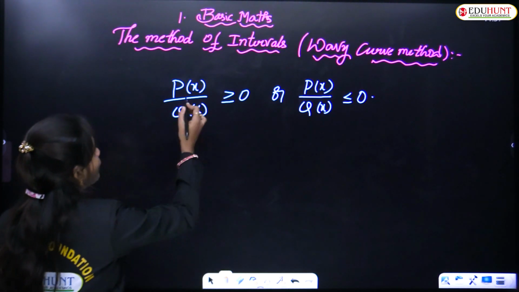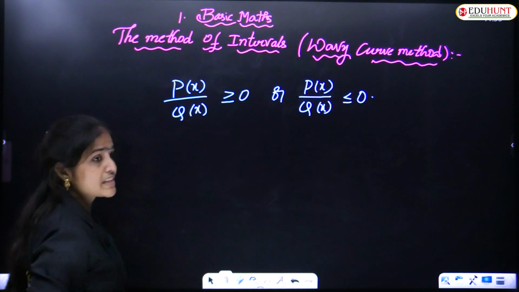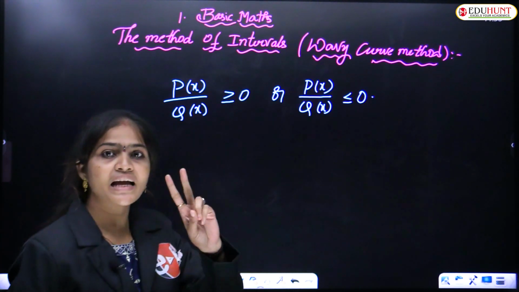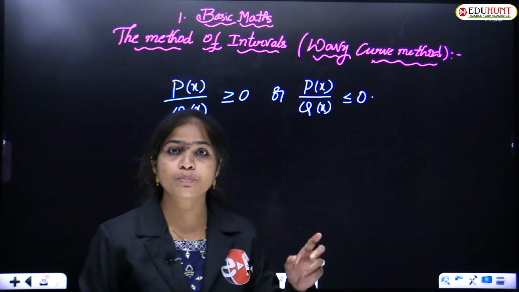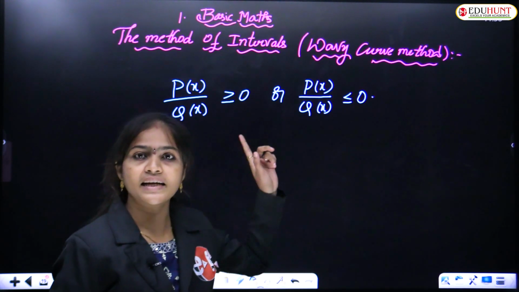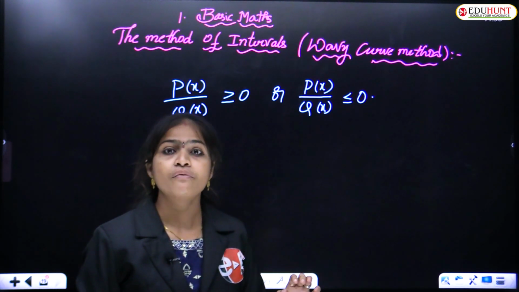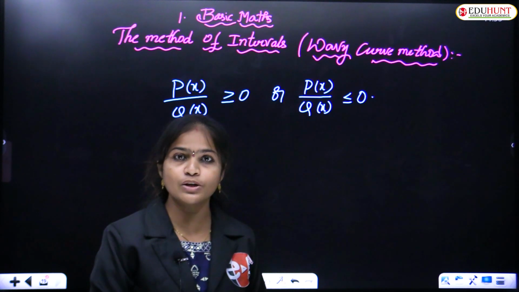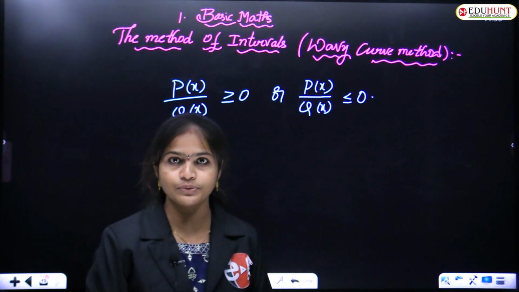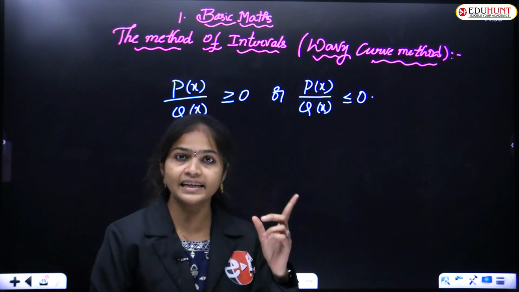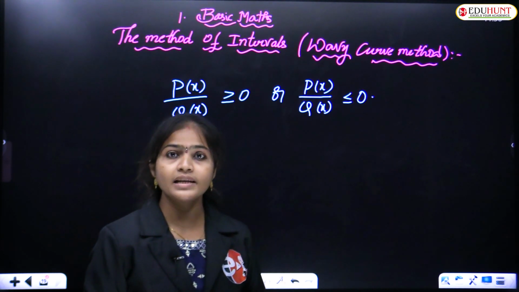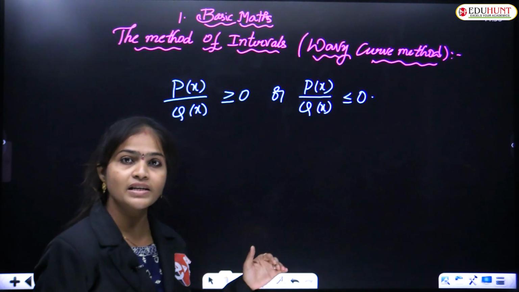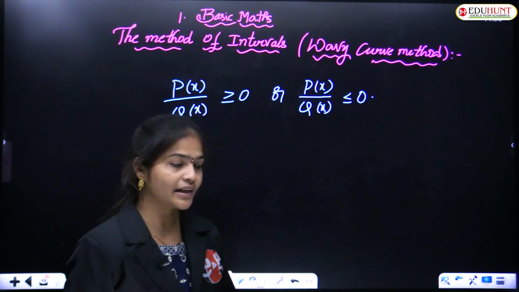Now see here, when will p of x by q of x be positive? Here we have two conditions. Either p of x and q of x both are positive, then we get the resultant also positive, because the quotient of two positive values is always positive. The second condition is the quotient of two negative values. Either both p of x and q of x negative also we can take. Why?